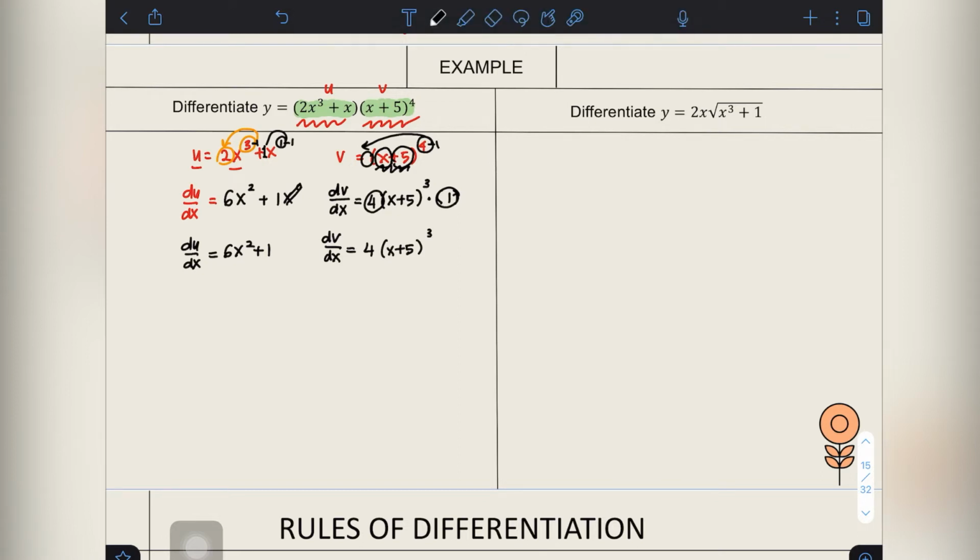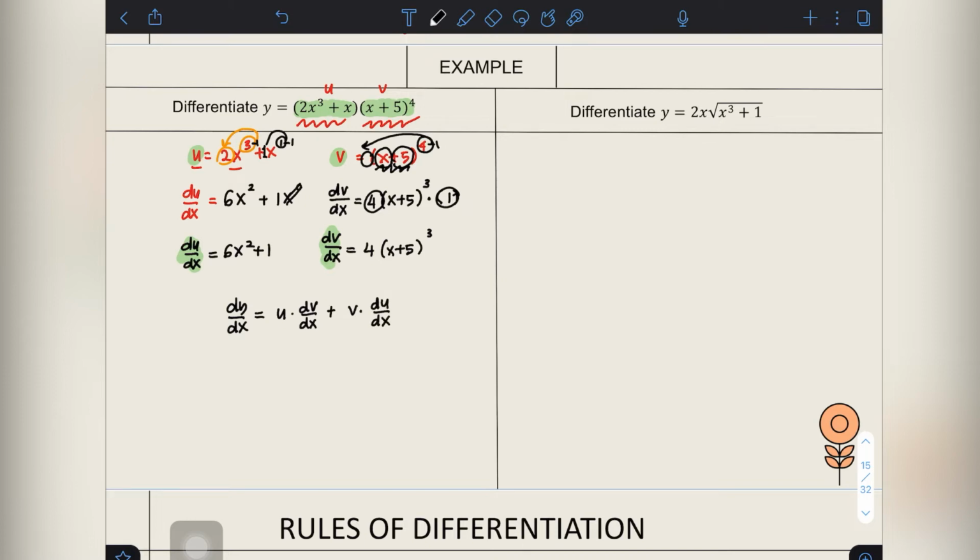Alright, class. Now, we already have u, we already have v, we have du/dx, and we have dv/dx. So we can proceed by using the product rule formula to find our dy/dx, where the product rule is dy/dx equals u multiplied by dv/dx plus v multiplied by du/dx.